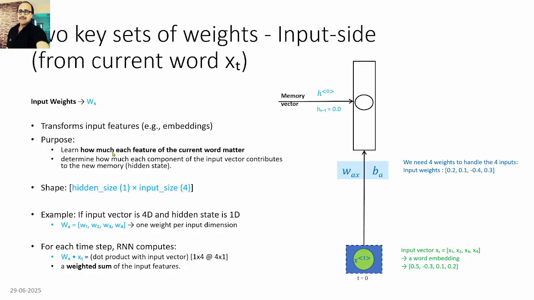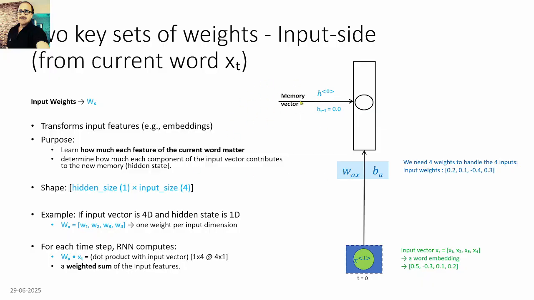Essentially, this means how much each feature of the current word is really useful for the model, and it determines how much each component of the input vector contributes to the new memory, or the hidden state, that it has to compute. The shape of the weight matrix depends on the hidden size.